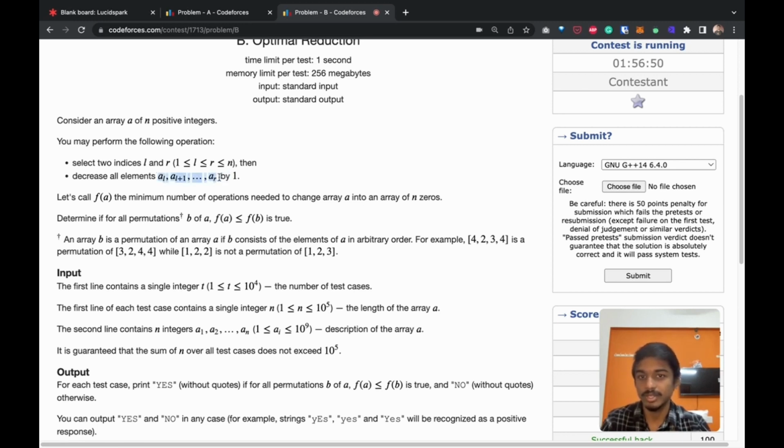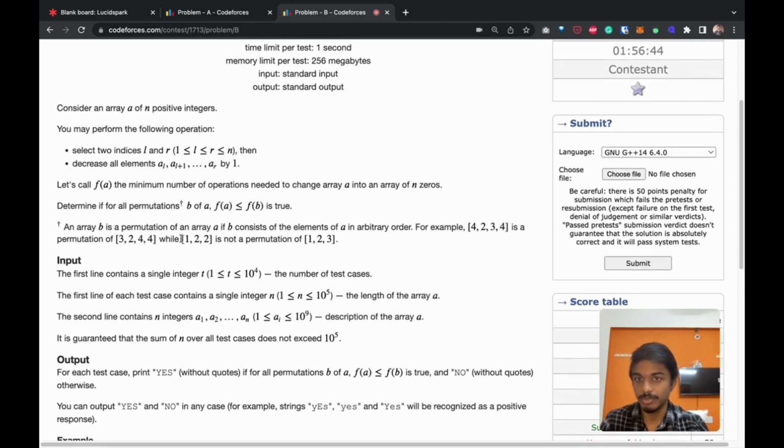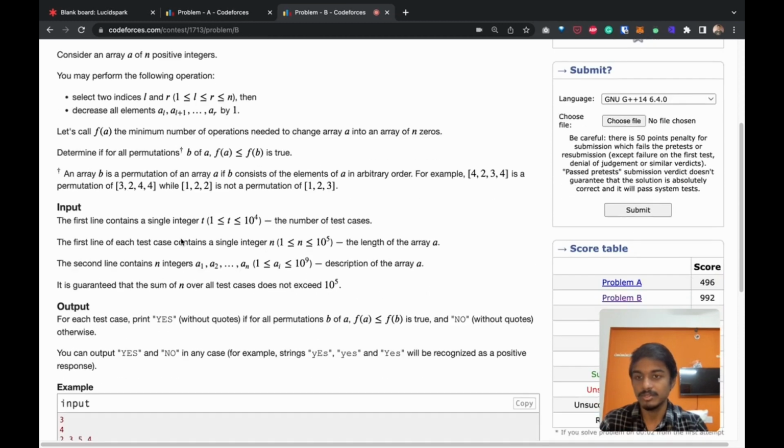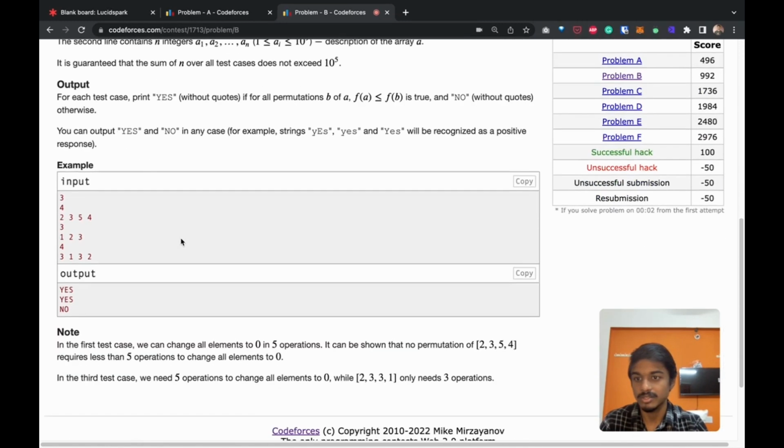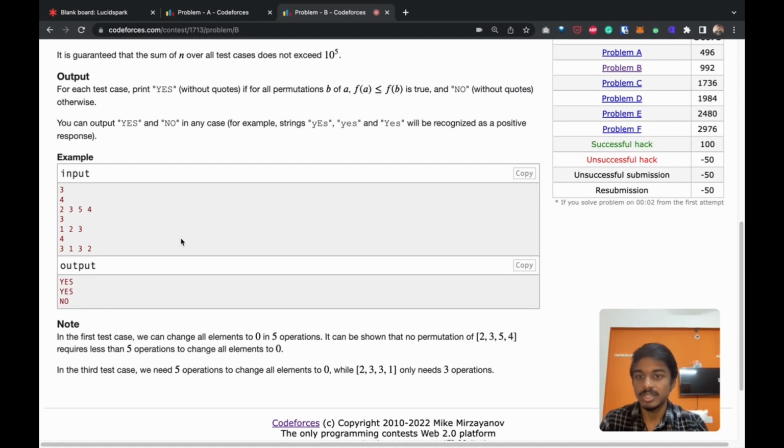For all permutations B of A, f of B is... I did not understand this as well. In the first test case, we can change all elements to 0 in 5 operations. It can be shown that no permutation of 2 3 5 4 requires less than 5 operations to change all elements to 0.